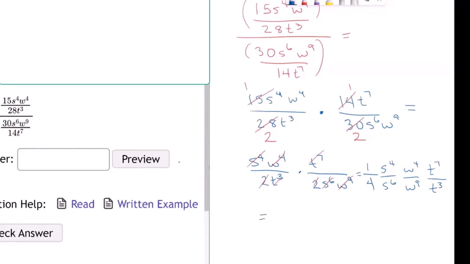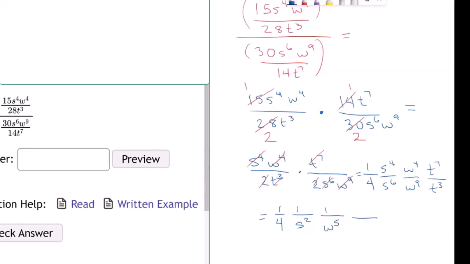This equals, well, we have 1/4. S to the 4th over S to the 6th, that's got 2 more S's in the denominator than the numerator. W to the 4th over W to the 9th has 5 more W's in the denominator than in the numerator.